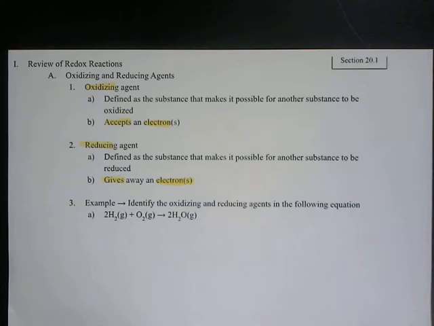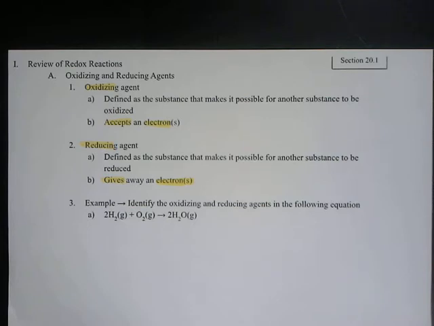And objective number 3, diagram simple voltaic and electrolytic cells, labeling the anode, the cathode, and the directions of the ion and electron movement, and also the signs of the electrodes. So we get back here, and this is actually a review from our redox equations.